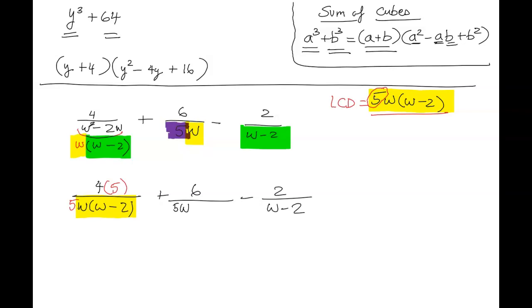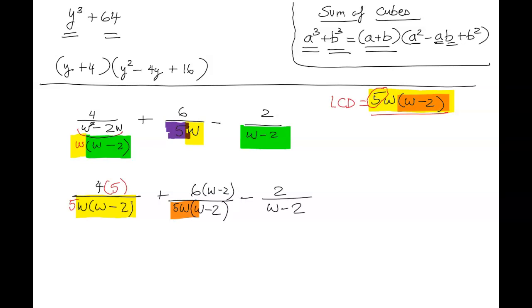So now we repeat the process with the second term. What is missing in this denominator 5w? Well, it's the w minus 2, correct? So I have to include the w minus 2 here. Okay? And I need to include it on top, w minus 2, to make it equivalent.